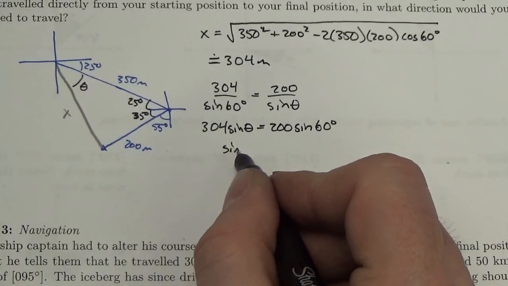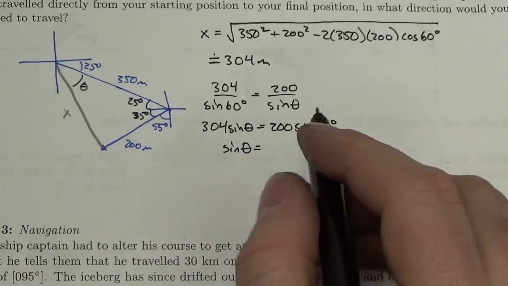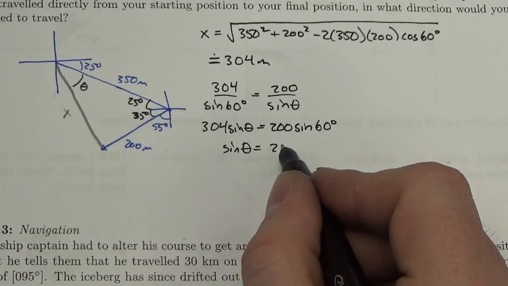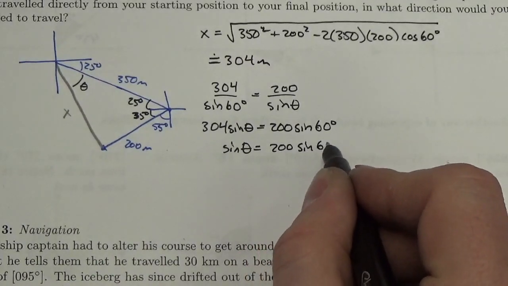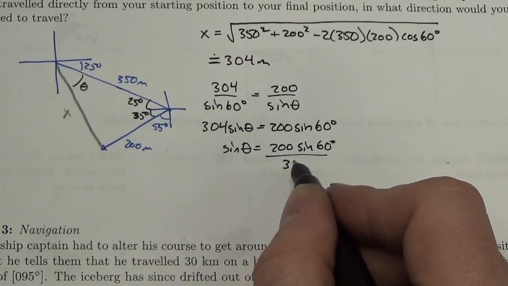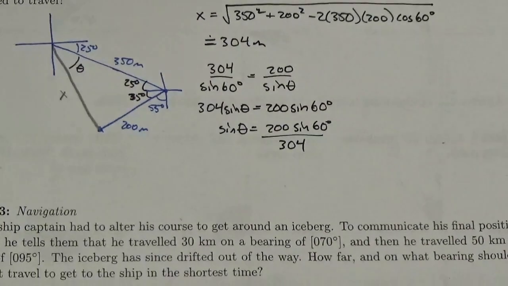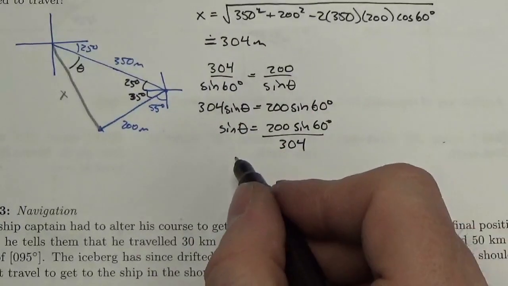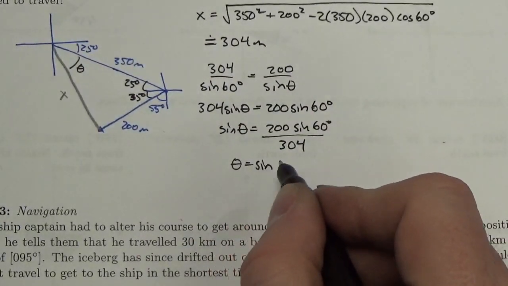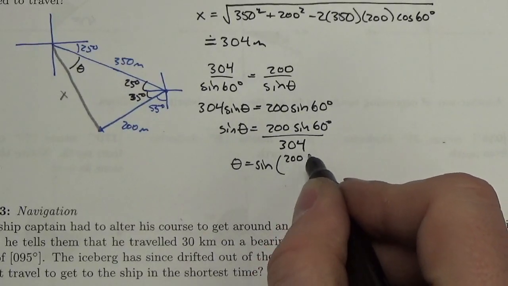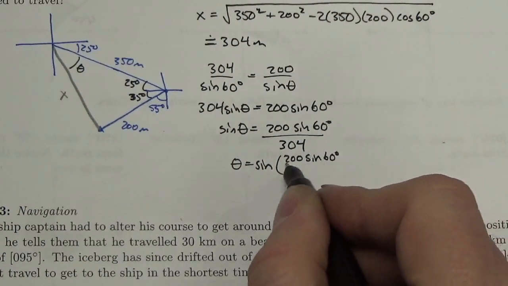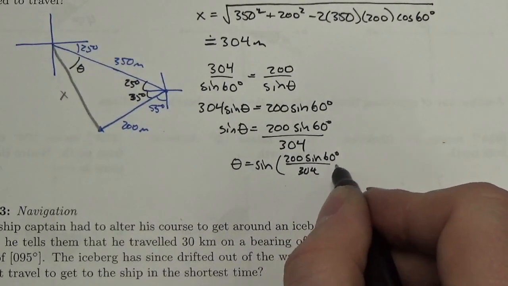Now I know some of you are going to see there's a quicker way. I could have jumped to the solution here, but that's okay. I want to make sure that everybody follows what I'm doing here. So I just cross multiply and divide, and then I'm going to take the inverse sine of that expression.